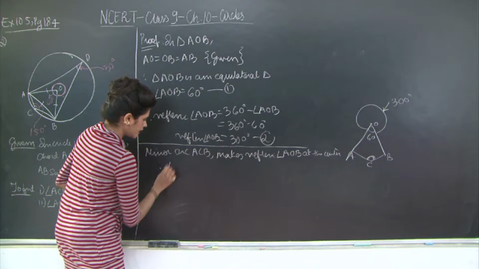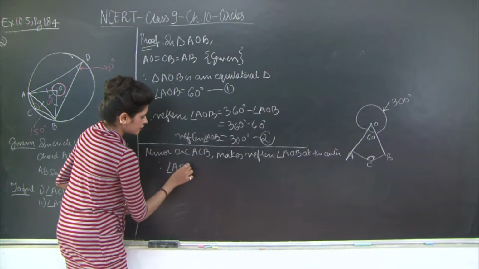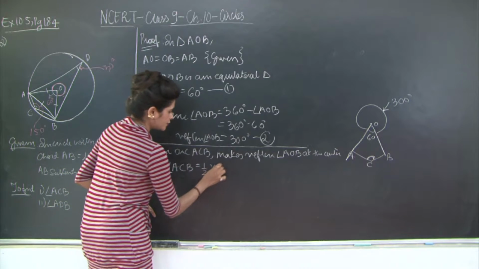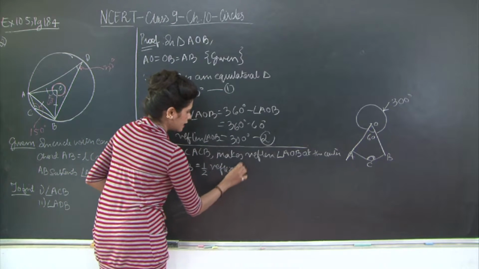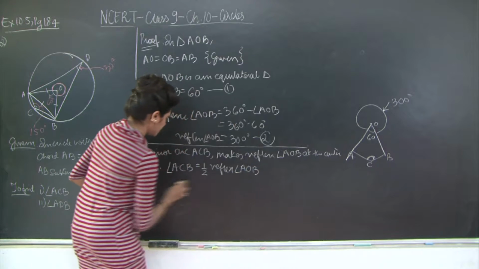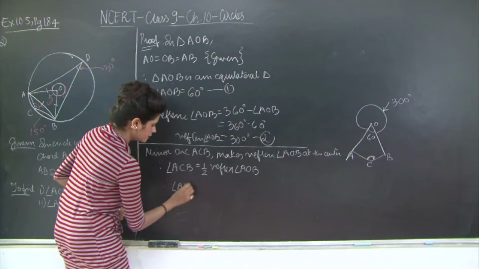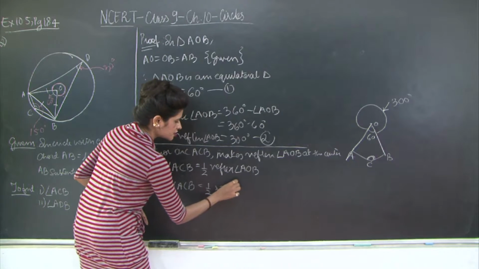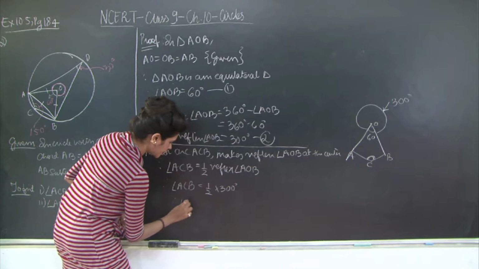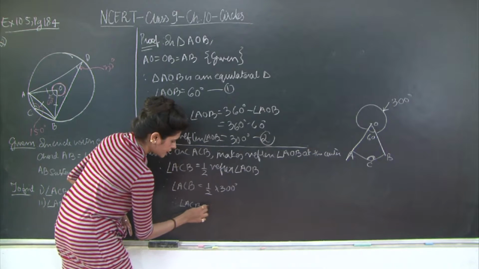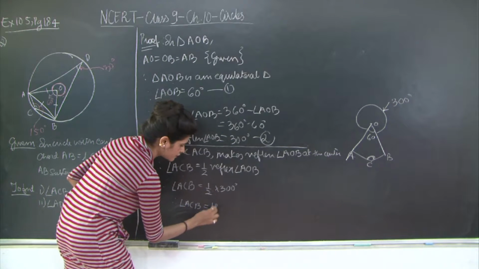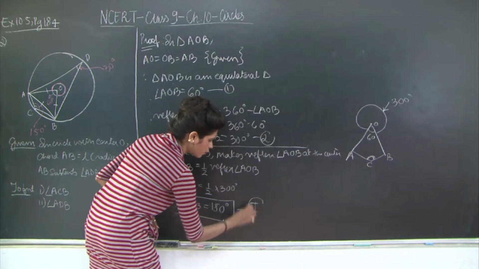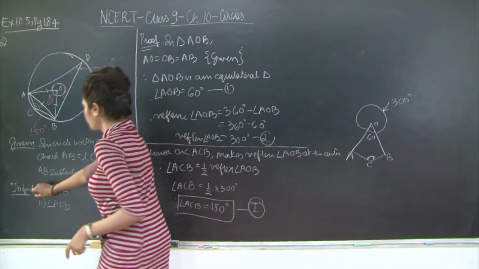Therefore, angle ACB is equal to half reflex angle AOB. Therefore, angle ACB is equal to half into 300 degrees. Therefore, angle ACB is equal to half of 300, we know is 150 degrees. Let's mark this as Roman number 1. So we found the measure of angle ACB.